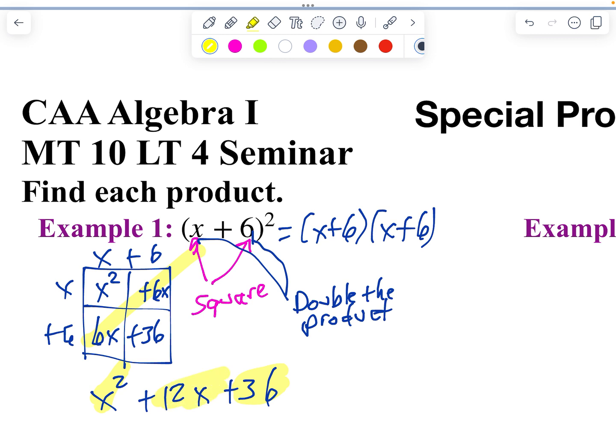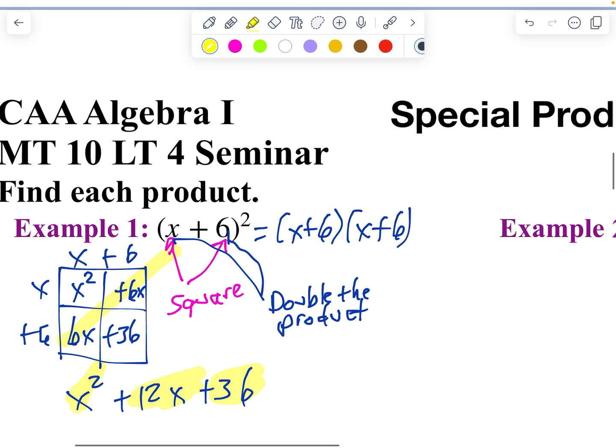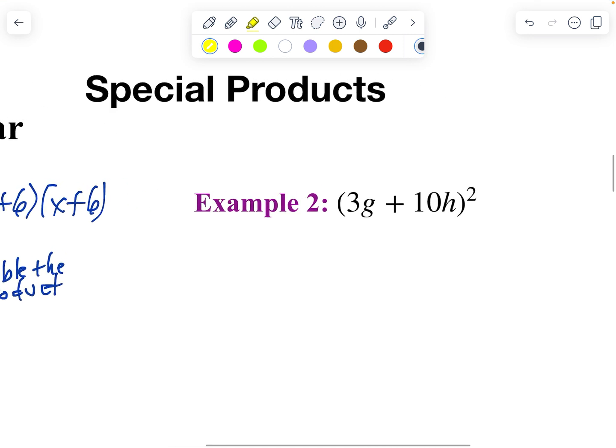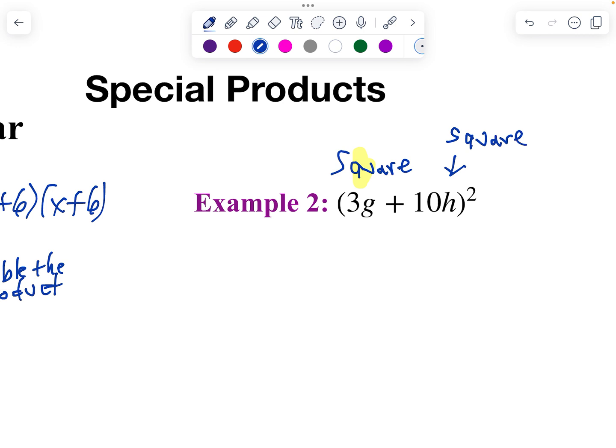You can just as well make the box, but we like to do things shorter if we can. So let's apply that on example 2. I'm going to square my first term, and I'm going to square my last term, but I'll write that last. So if I square 3g, I get 9g squared.